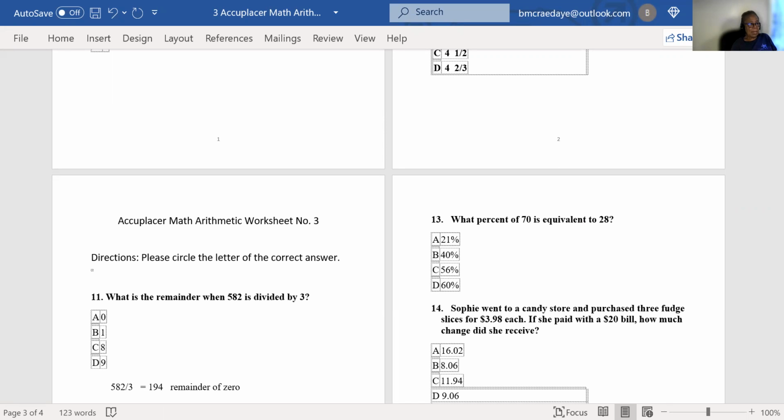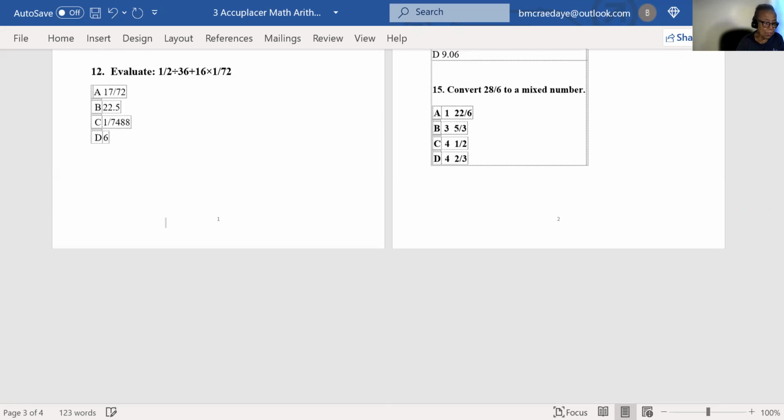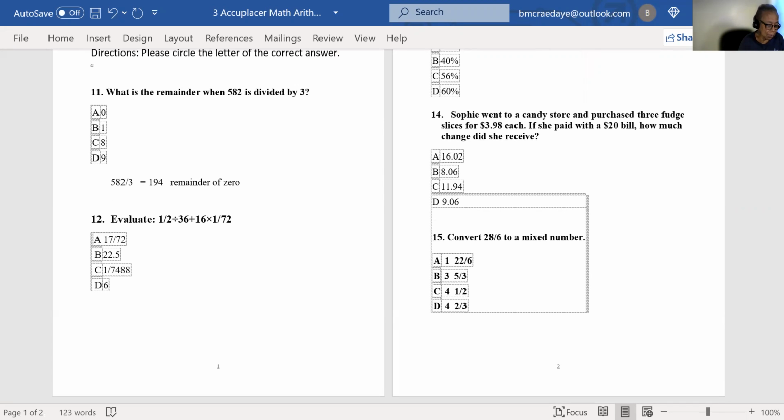So the remainder is 0. So what is your answer? Your answer is, which one has 0? That's A. Answer A. All right.